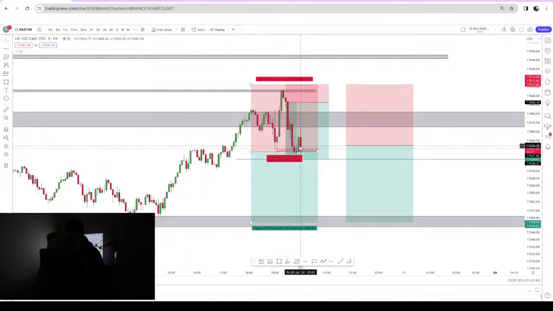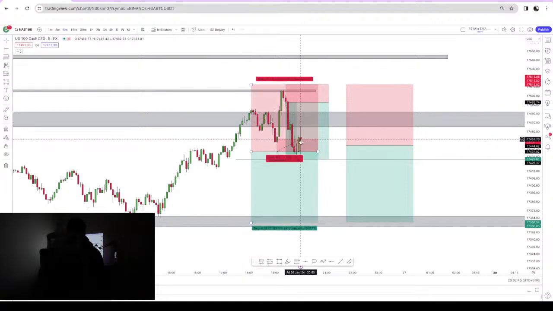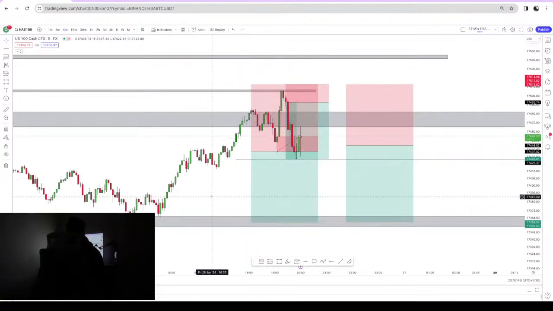If this red candle or this candle closes below this zone, then I'll add more position and I'll shift the stop loss here, around here, if this candle closes below this zone, otherwise not.